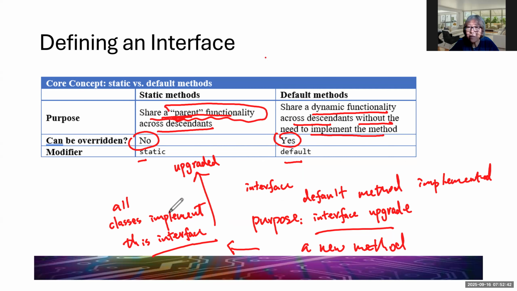But if the class does want to provide its own implementation, it's still allowed to override it. So it provides more flexibility. Okay, so that's the advantage, the benefit of the default method.